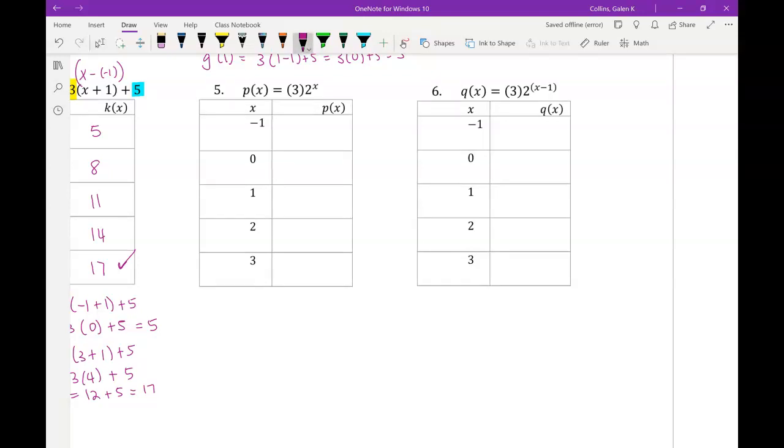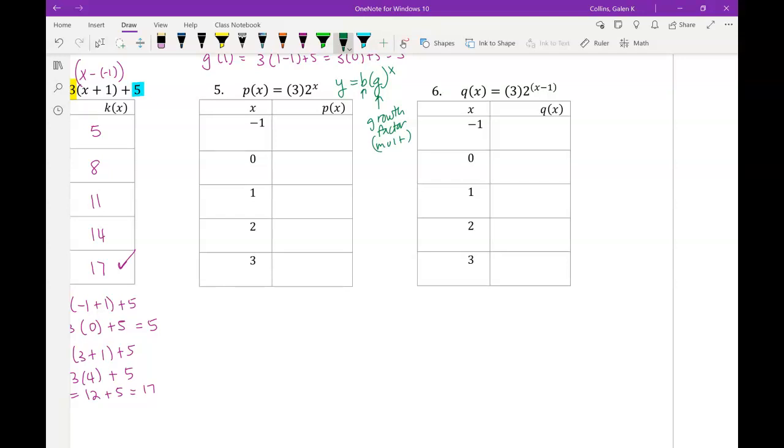And I know our text might use some different lettering, but for exponential functions, I could think of them in the form of y equals b times g to the power of x, where g is our growth factor. With sequences, we call that a common ratio, but it's the number by which we are multiplying. That's supposed to be a multiplication symbol, but it looked like the variable x. And b is still our y-intercept.